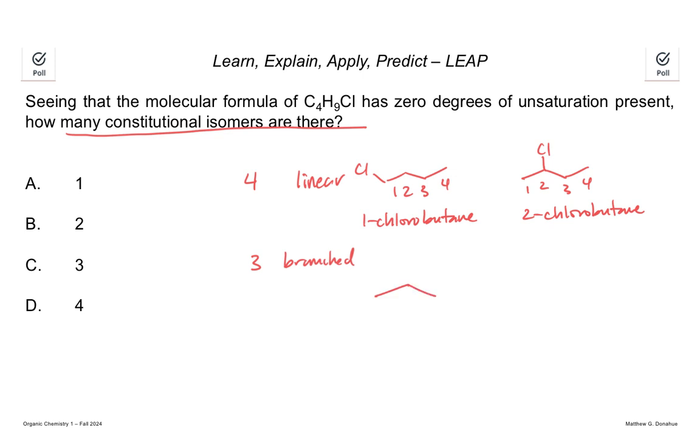Now if we start with the 3-carbon as the longest chain, we now have to put back in two things, a chlorine and a CH3 group. Let's start with the CH3 group. So that can only go on carbon 2. If you put it on 1 or 3, you're just drawing the other 2 we already did.